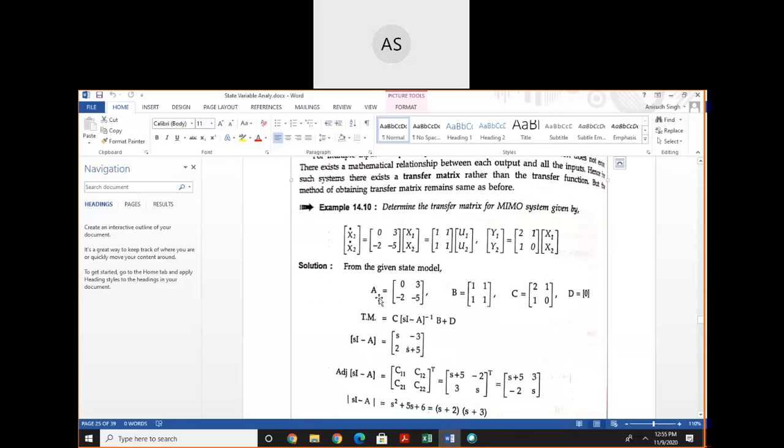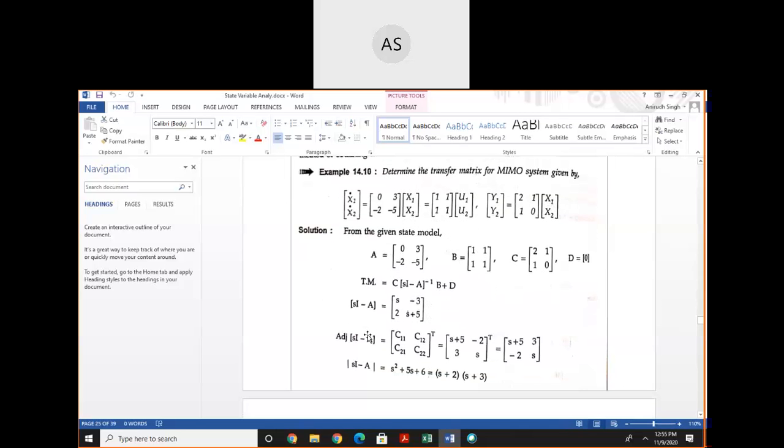There are two inputs, two outputs, and this is the state model. From the given state model, the value of A is this, B is this, C is this, and the value of the D matrix is 0.